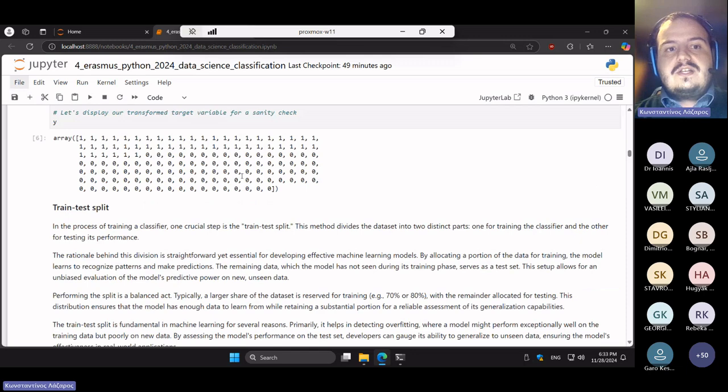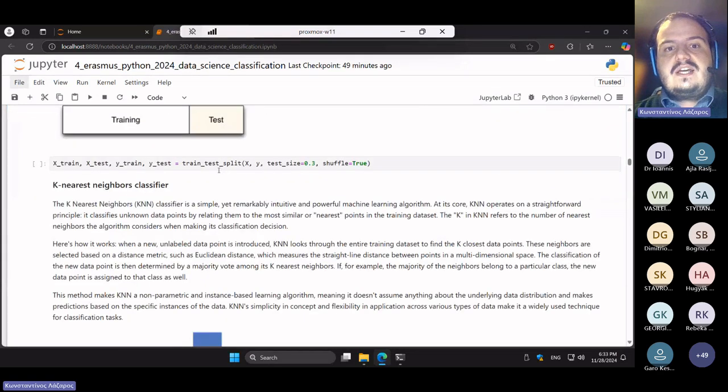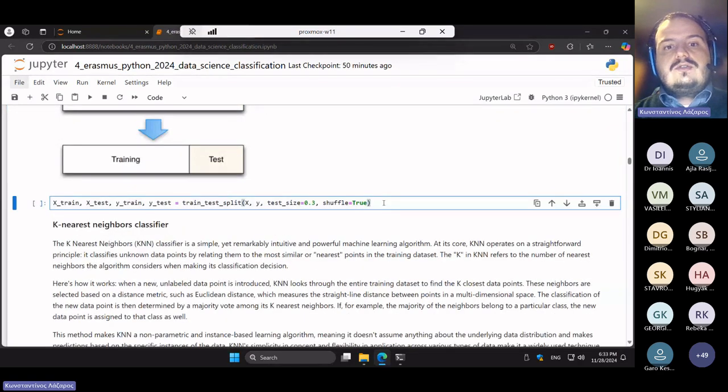So our tag, this array, is called Y because this is the output or the ground truth that we need to take into account. And two things here. The first thing that we do is that we say that 30% of our data set is going to be used for testing, right? So 70% of our data set is going to be used for training our models.